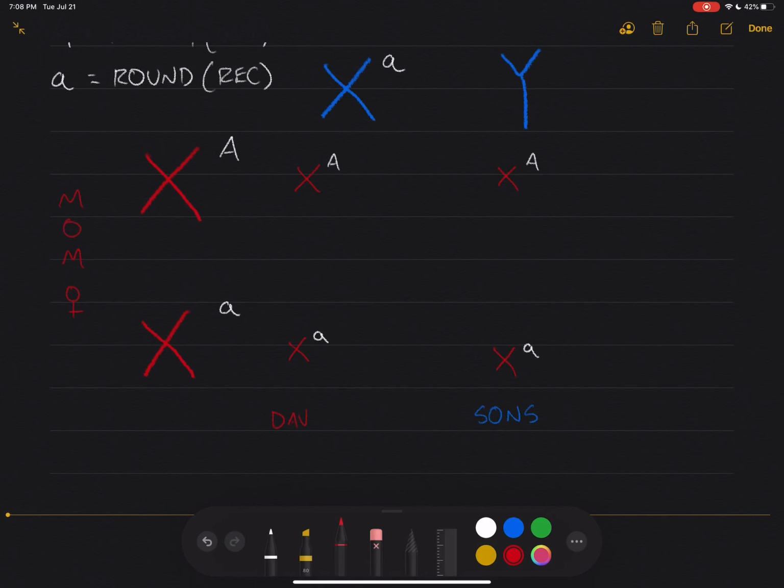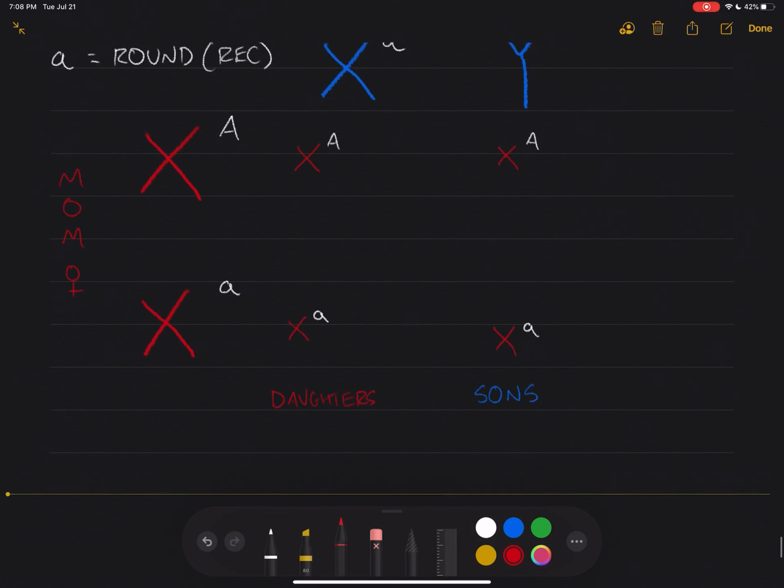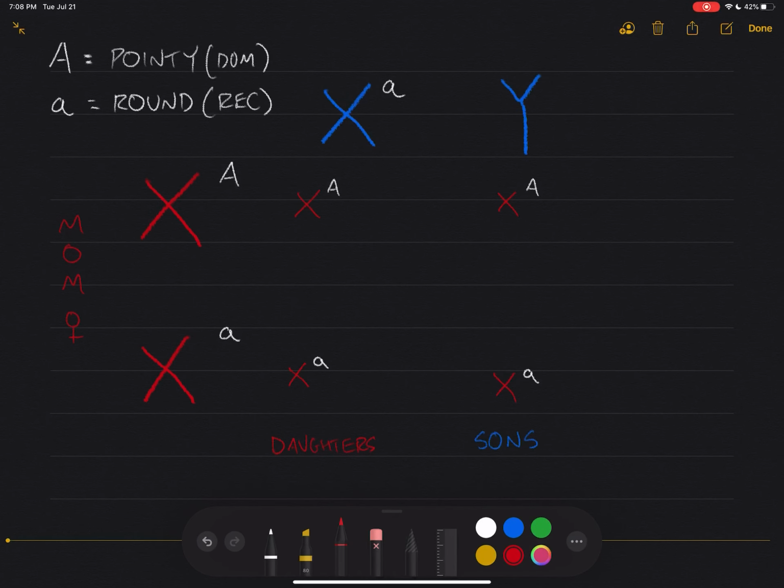Daughters. Okay, so that's mom. So now let's do dad. Throw him into the mix here. He is throwing his X here and his X here, and his Y here and his Y here.